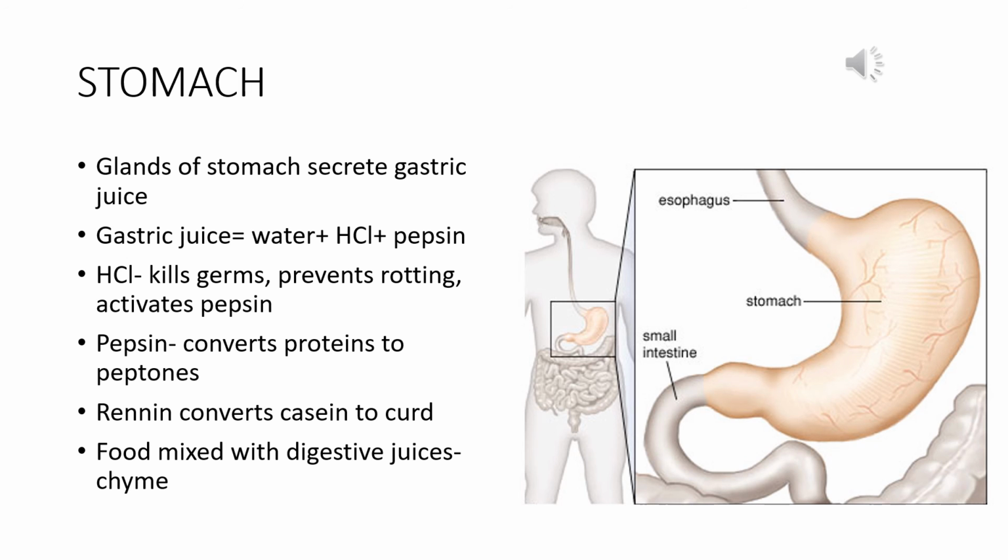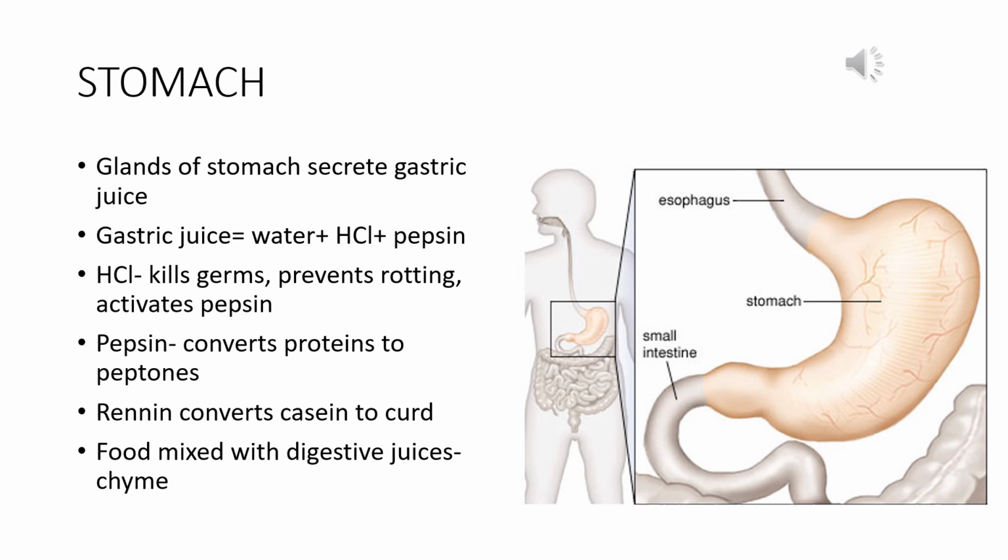Now, after traveling down through the esophagus, the next destination for the food is the stomach. In the stomach, the second phase of digestion is going to happen, because there are glands inside the stomach which secrete the gastric juice.